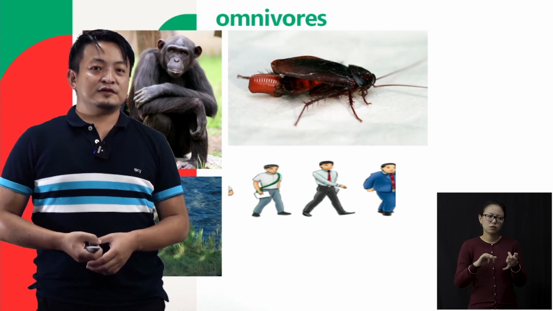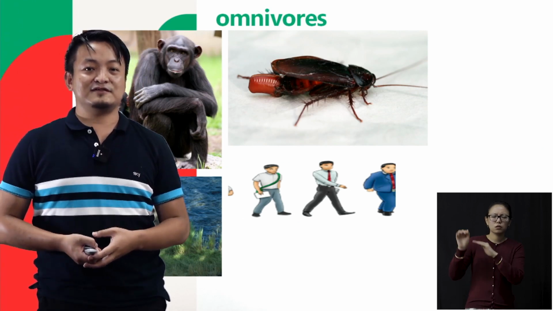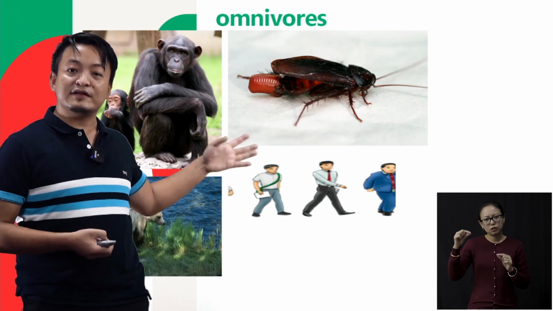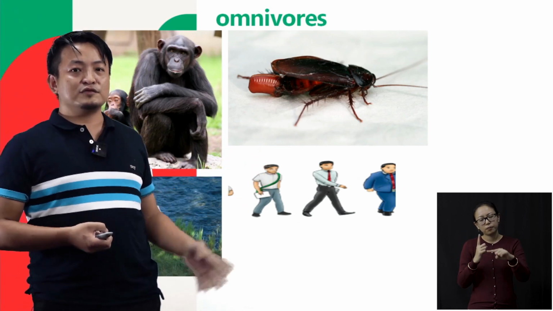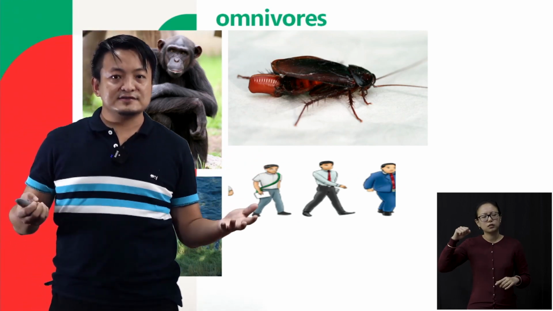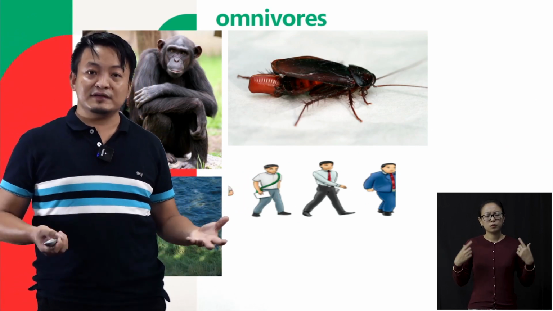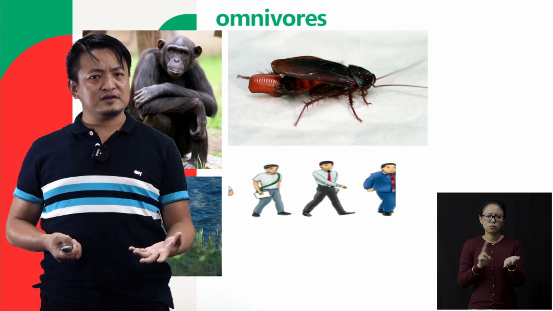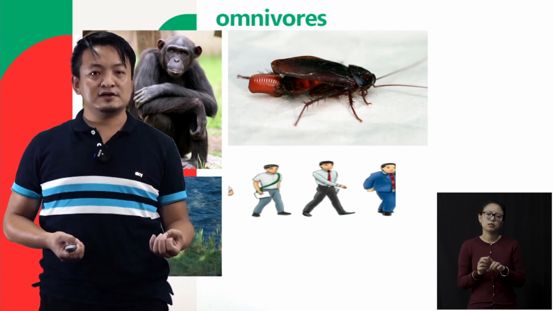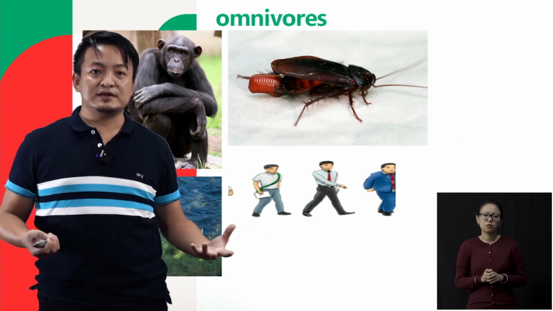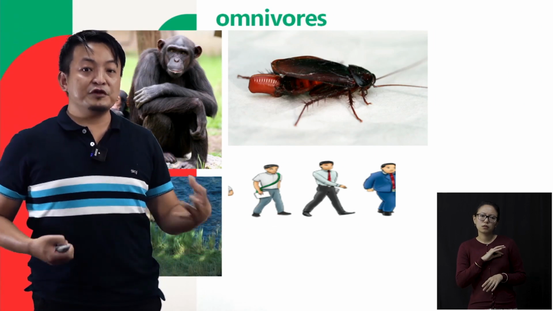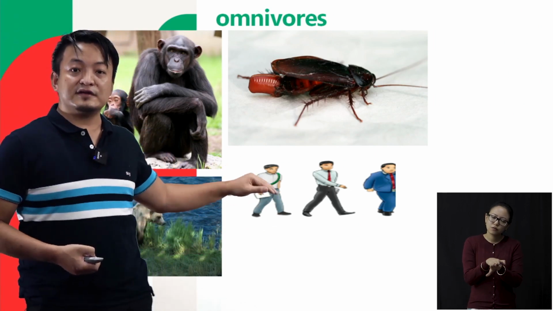So we humans also fall under this category, right? Because we eat plants, yes, but we also eat meat, right? We like chicken, we like fish, we like meat. So students, we fall under this category, okay?